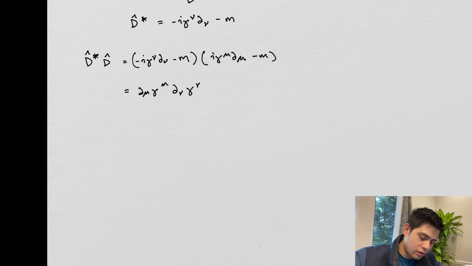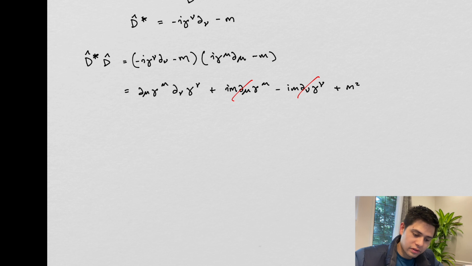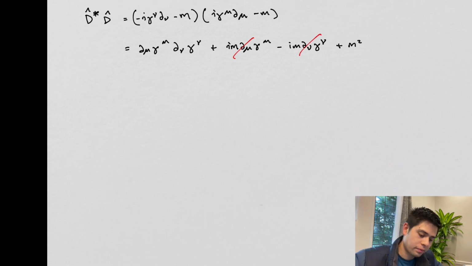Then we get plus i m d_mu gamma^mu minus i m d_nu gamma^nu plus m squared. We're going to see that these two terms cancel because they have different signs, and the nus and the mus are just dummy indices.